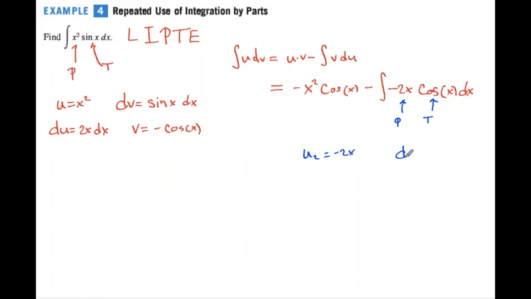And our dv with a subscript of 2 is cosine of x dx. Now our derivative of u, subscript of 2, is negative 2 dx. And our v, with a subscript of 2, is the antiderivative of cosine, which is sine of x.